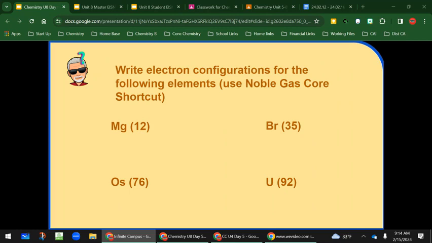3P6. That's so much easier than I thought it was. So 24.